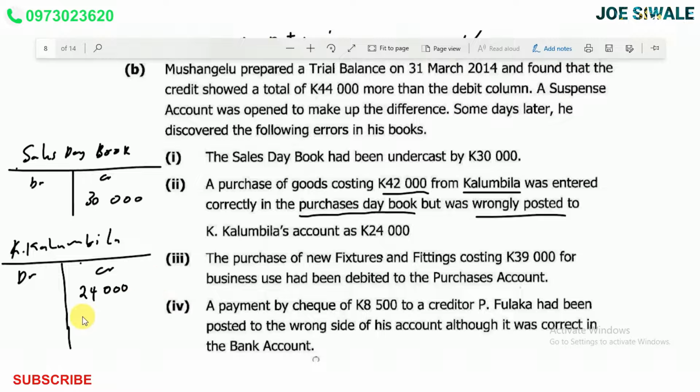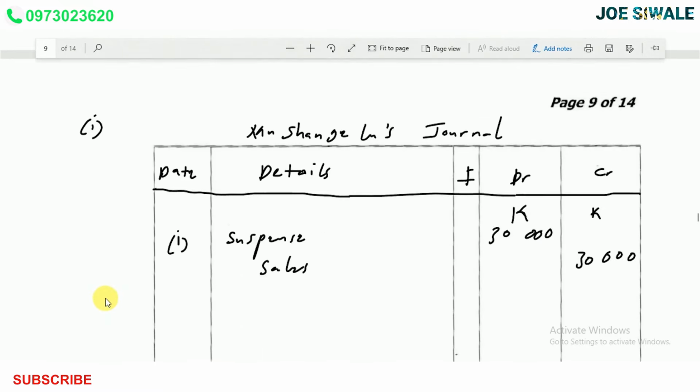So we are supposed to credit 18,000 to K Kalumbila's account, and we're going to debit 18,000 to the suspense account. So let us write that one down.